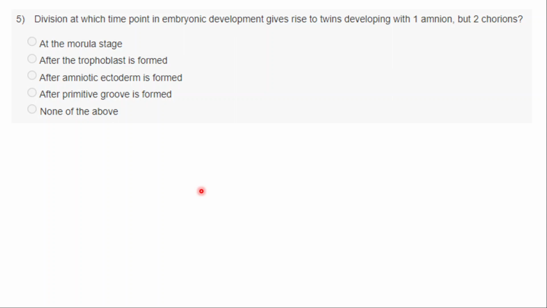If you remember those slides, or if you have learned a bit about the development of chorion and amnion, you might be able to answer this. Division at which time point in embryonic development gives rise to twins developing with one amnion but two chorions? I see Ajay has answered not possible, none of the above.